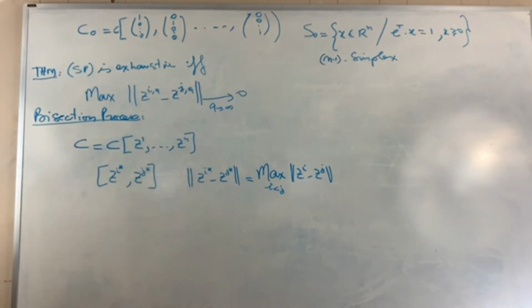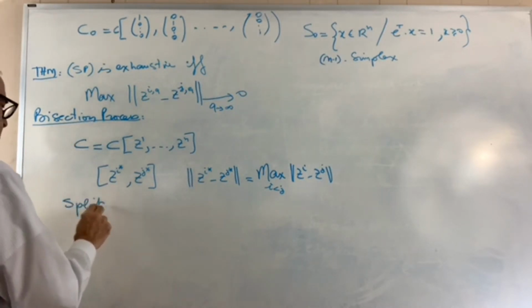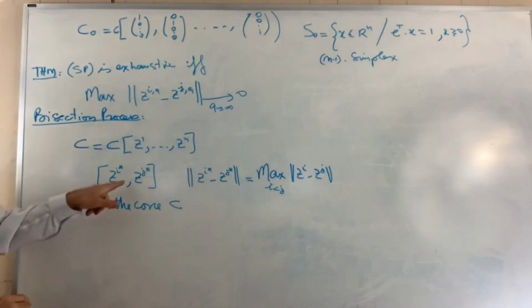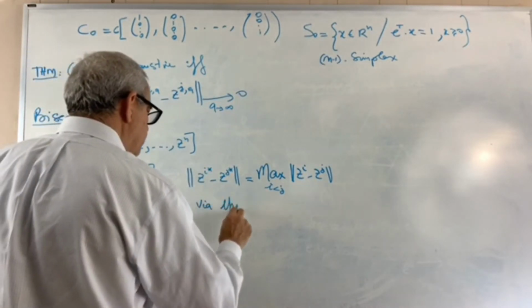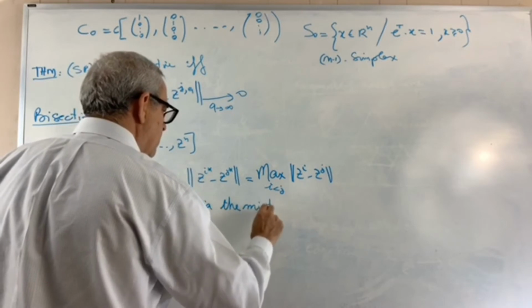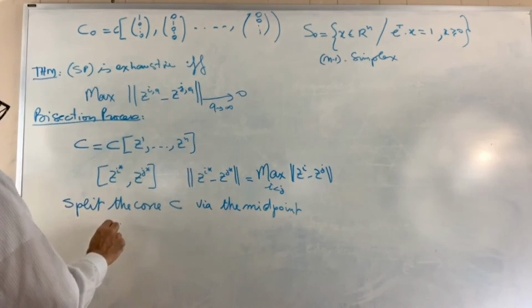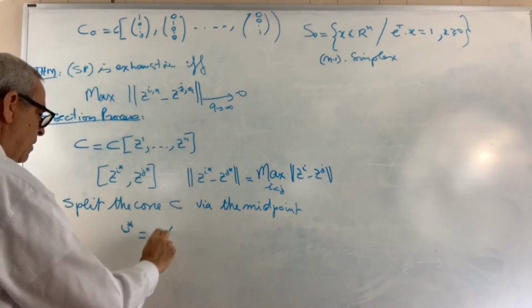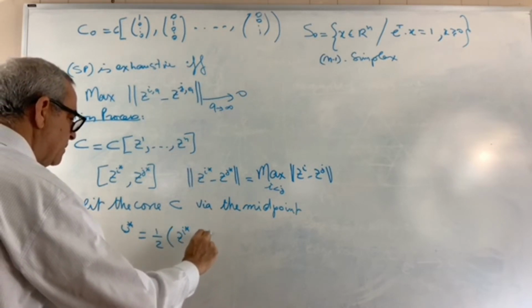Now, since we have this, we're going to split this cone via the midpoint of this edge. Call the midpoint U star, equal to 1/2 of Zi star plus Zj star.